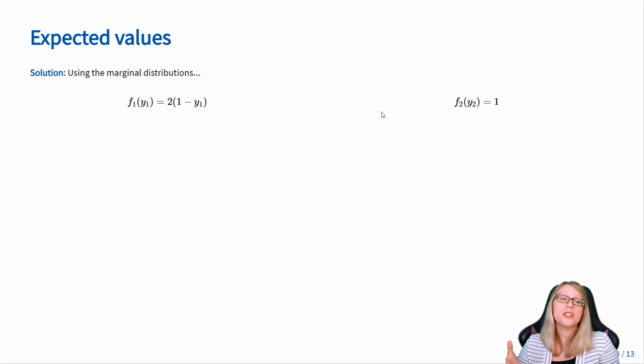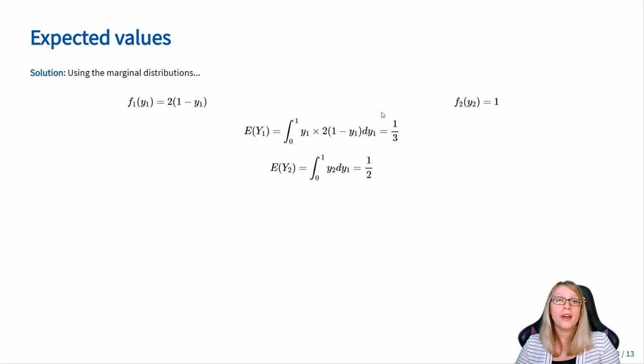What we can also do here is use the marginal distributions, find the expectation of y1 alone and y2 alone. So the expectation of y1 alone using that marginal distribution is 1/3. The expected value of y2 alone, again using that marginal distribution, is 1/2. We take the product, we get 1/6. So when we have independence, we have a nice simplifying result for those expected values.